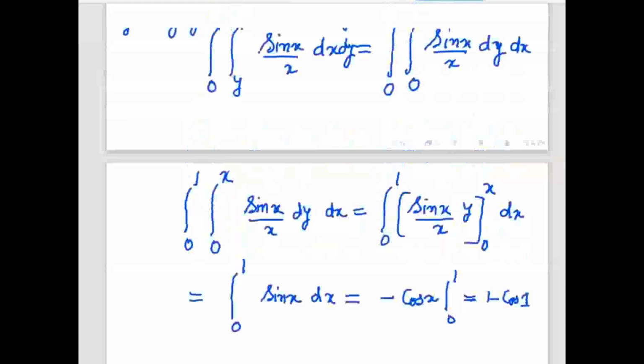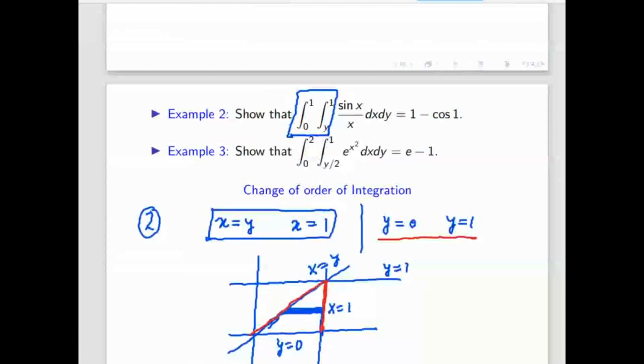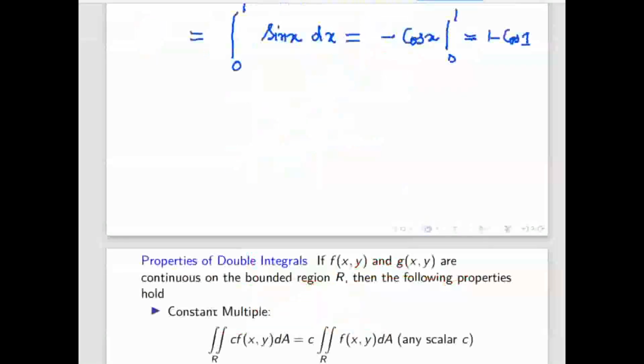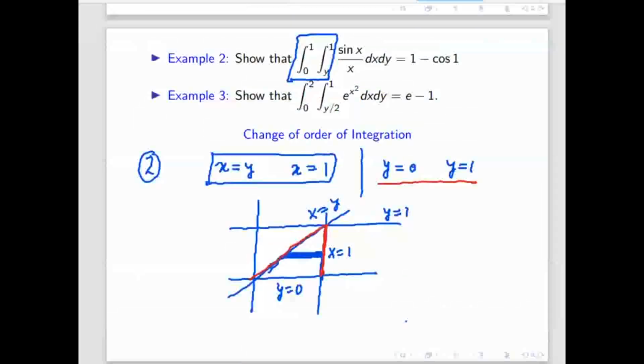Now we'll do the second question also by using change of order of integration. So the first step, we have to draw this picture. That means the region of integration, and then based on that we can change the order. So the limit of x is from y by 2 to 1, and the limit of y is from 0 to 2. So here I'm just drawing that picture.